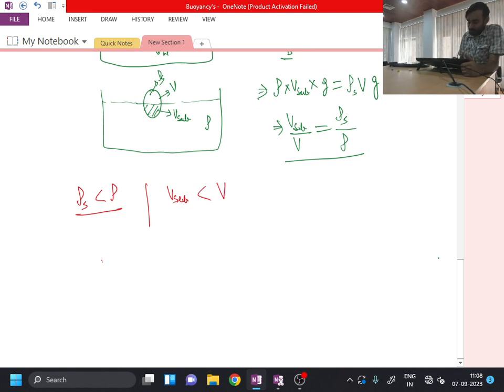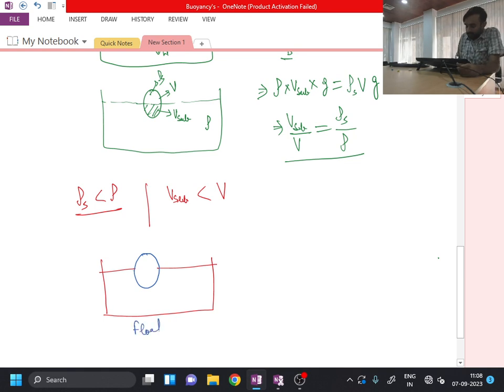In this situation, if this is my free surface, then the body is not completely submerged, but it is only displacing a portion of the fluid medium. So this is nothing but a floating body situation.